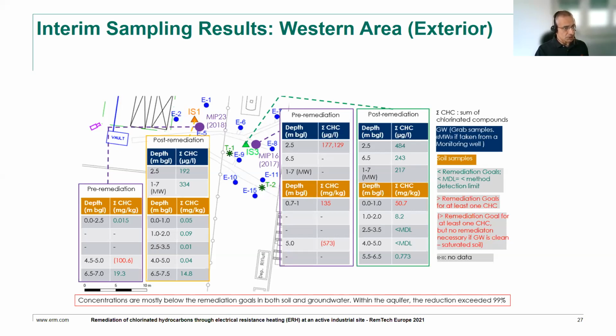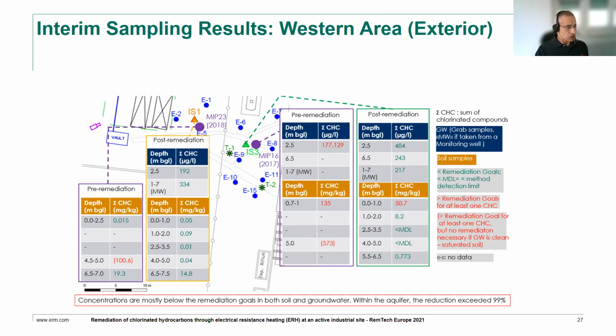And you can see that there are very significant reductions where it is comparable. For example, here you can see a reduction from 175,000 to 400, for example, in groundwater.